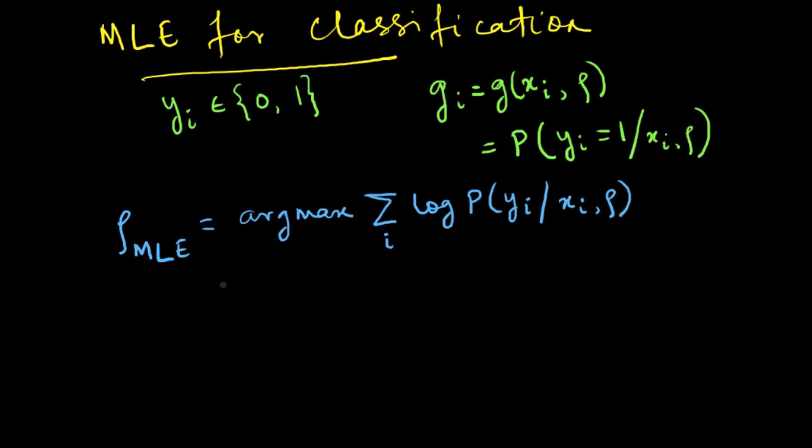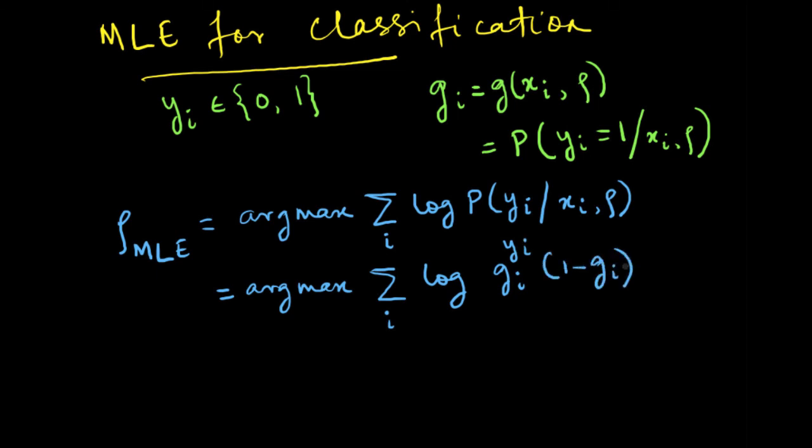We can again write this as argmax summation over i log of gi to the power yi into 1 minus gi to the power 1 minus yi. So when yi is 1, this quantity reduces to gi, and when yi is 0, this reduces to 1 minus gi. So this is a compact way of representing the binary classification problem.